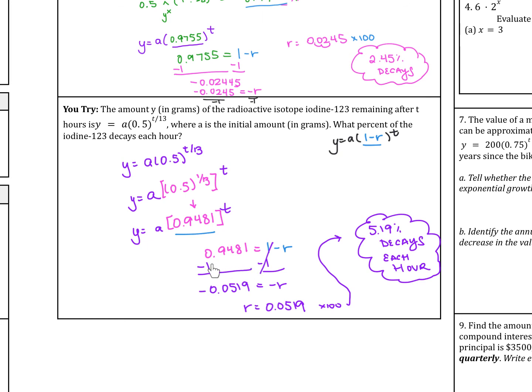Subtract 1 from both sides to start solving for r, and you get negative 0.0519. Then divide by negative 1, so you make it positive. So r is 0.0519, a decimal. It asks for what percent, so multiply by 100, and that's 5.19%.